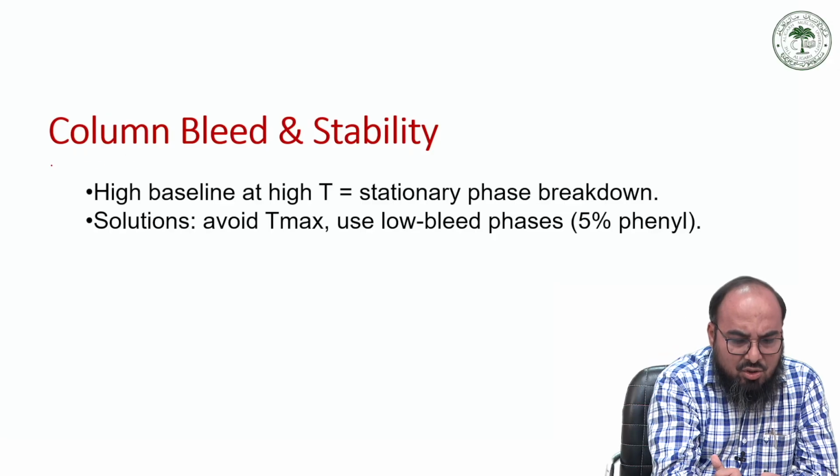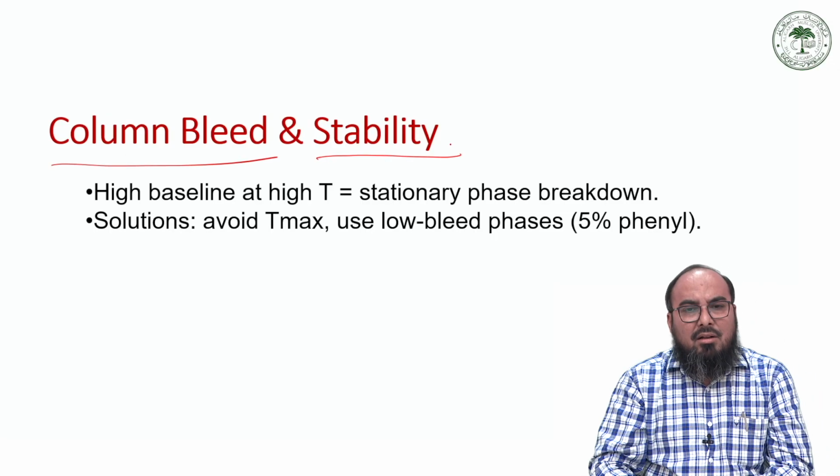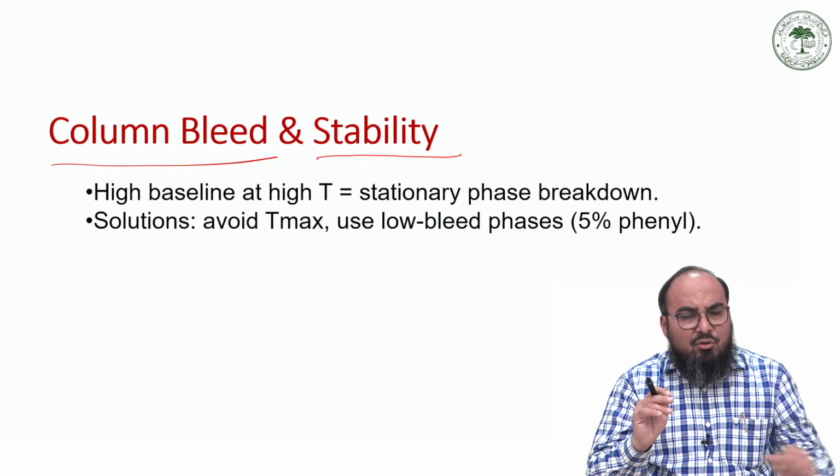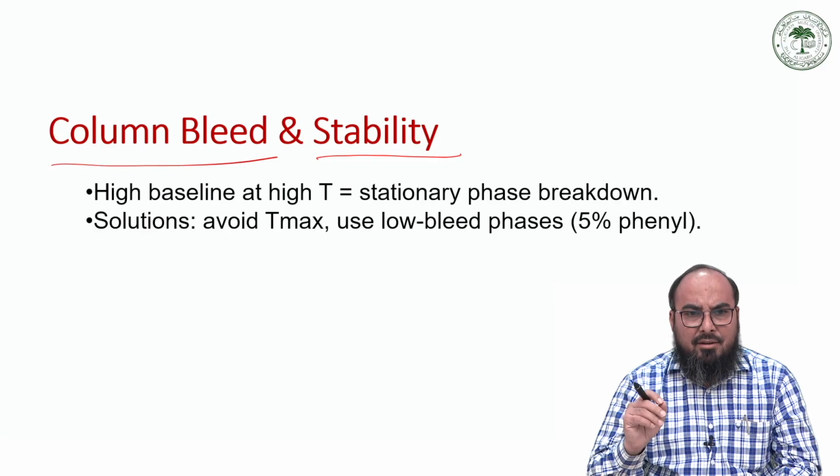This elution is called the column bleed. So you have to have a very stable stationary phase so that you can avoid the column bleed.